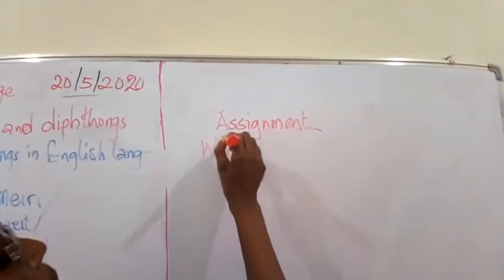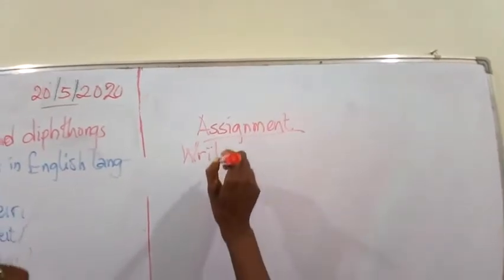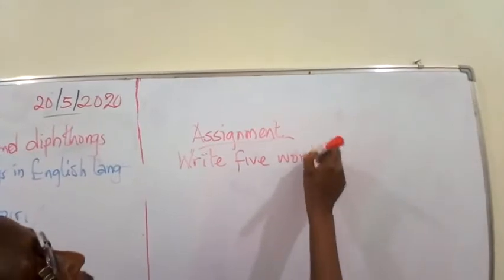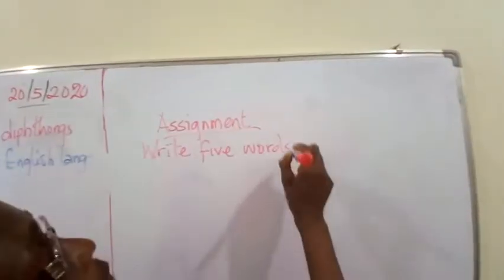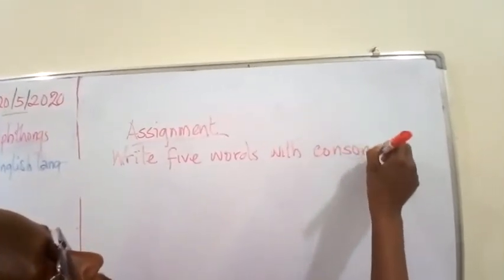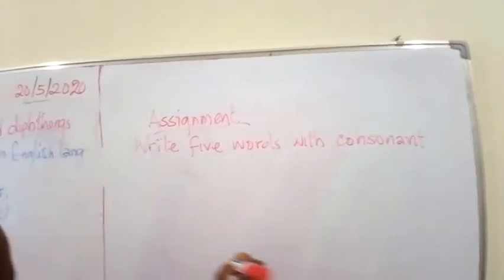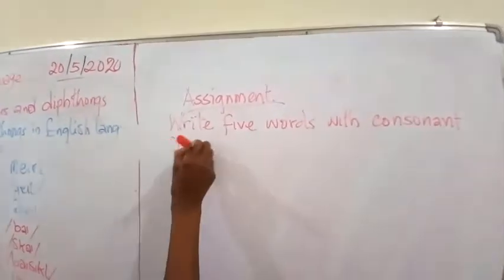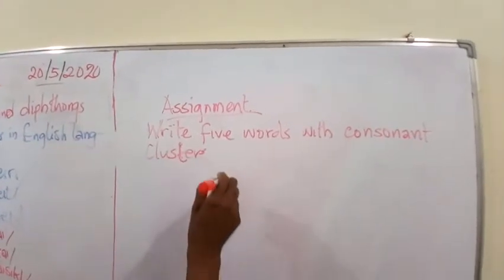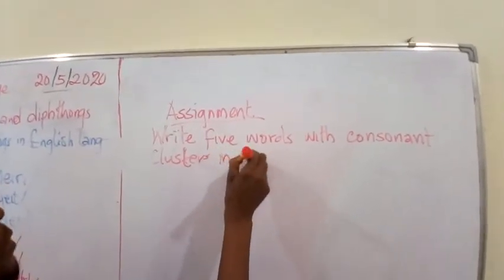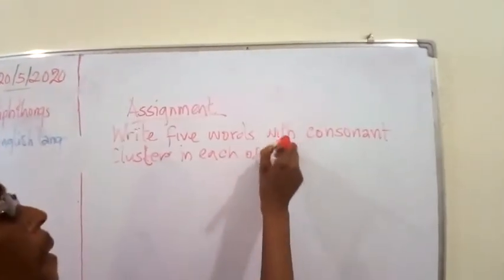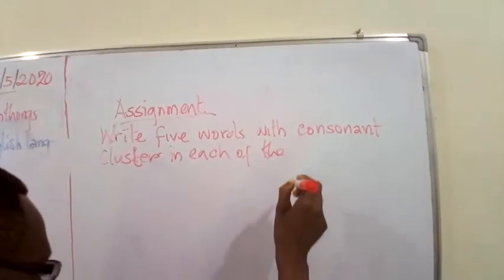Write 5 words with consonant cluster in each of the positions indicated below.